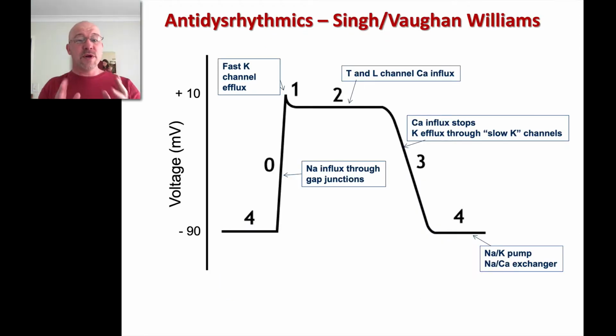So you should be familiar with this by now. If you're not, you need to go and review everything again, because this is sort of the fundamental diagram of how depolarization works. And what Dr. Singh came up with was a way of classifying antidysrhythmics by which part of this depolarization they affected.